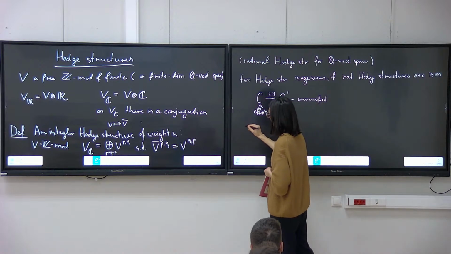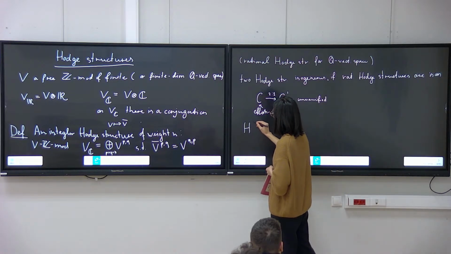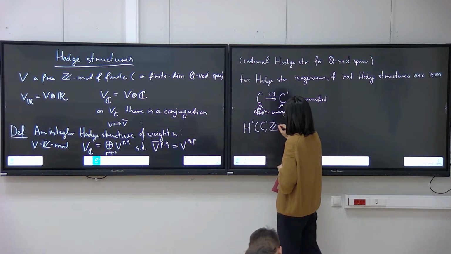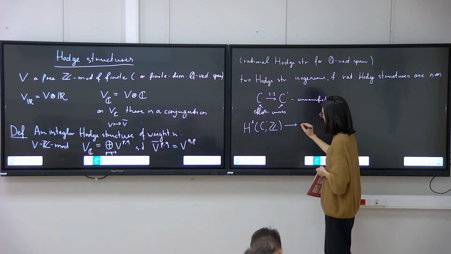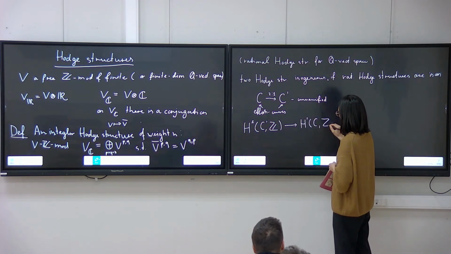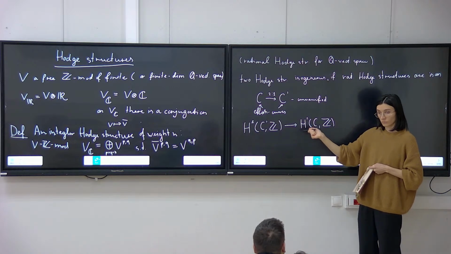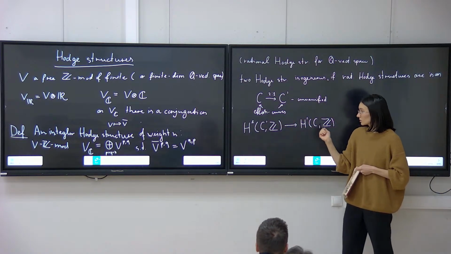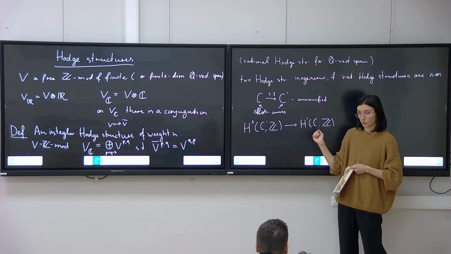Then what do we have on the level of integral cohomologies? If we have a double covering, we can consider the corresponding map of first cohomologies.